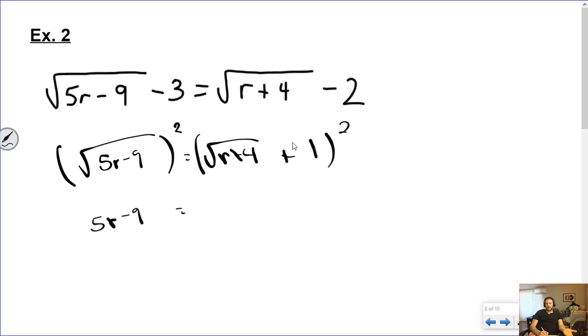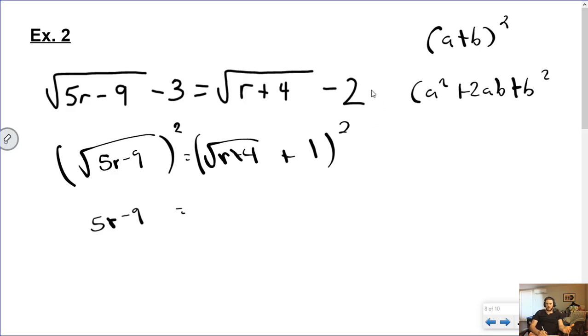And then when I square the right-hand side, this thing here under the square root sign is one term, so this whole bracket is considered a binomial. And when we square a binomial, a plus b squared, we get a squared plus 2ab plus b squared, right? Something we should hopefully be familiar with.